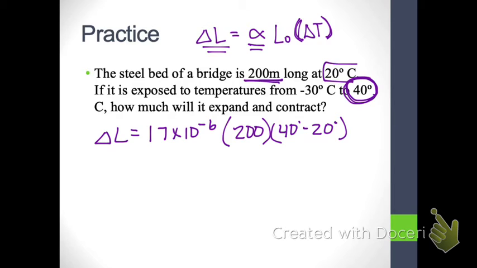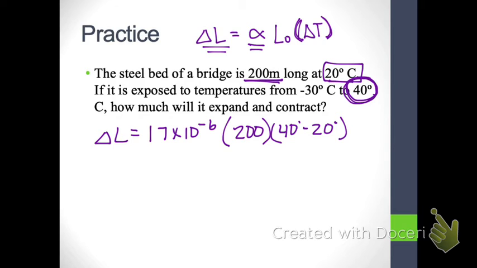It starts at 20 degrees. At our normal length, it's 20 degrees. And so I'm looking at from normal, warming up to 40, how much is it going to expand? I don't need to know how much it's going to expand from its coldest to its hottest. We want to know from normal, what is its expansion value. So now we can go ahead and solve.